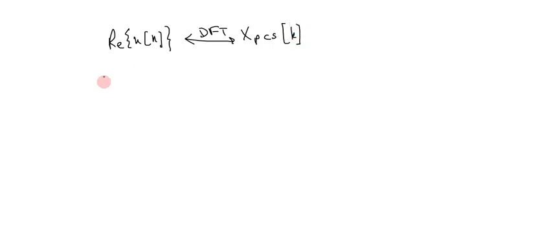So if you have the real part of x of n, then its discrete Fourier transform will be equal to the periodic conjugate symmetric part of x of k. Similarly, if you take the imaginary part of x of n, its discrete Fourier transform will be the circularly conjugate antisymmetric part of x of k.